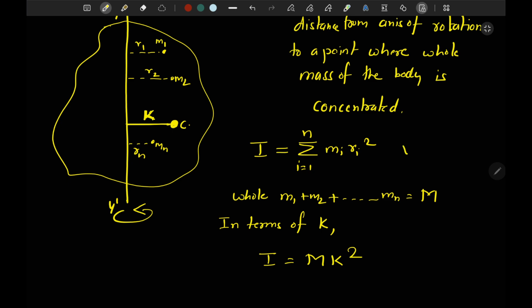So by definition, moment of inertia I is equal to summation mi ri square. In terms of radius of gyration, moment of inertia is M k square.